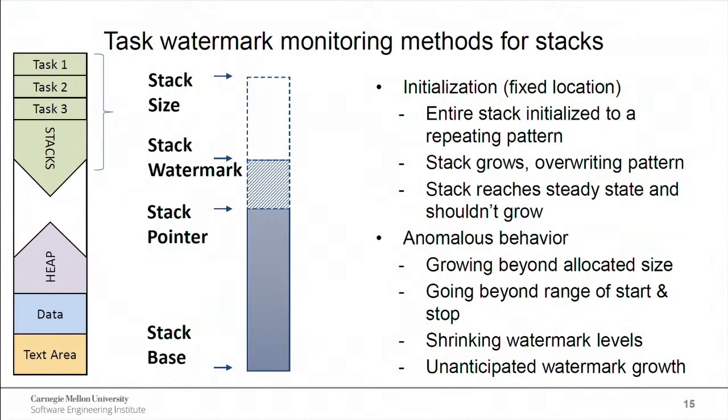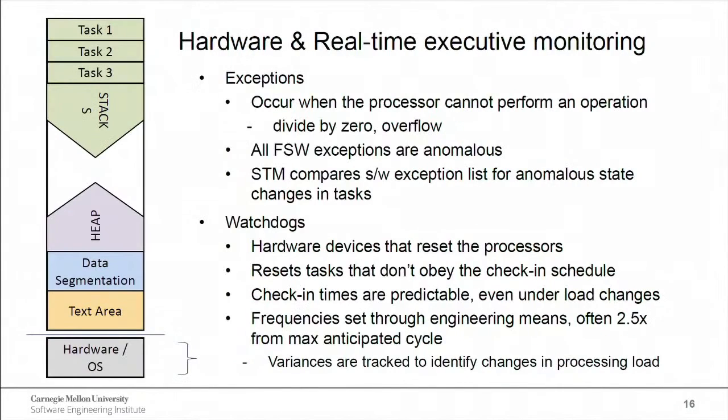And if I have unanticipated watermark growth, why is this constantly growing? That might be an indication of some sort of a memory leak. So there's a variety of things that I can gather just from watching the task watermarking for each one of my flight software tasks.